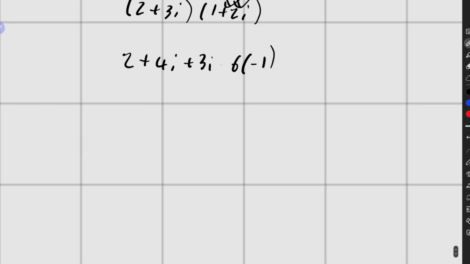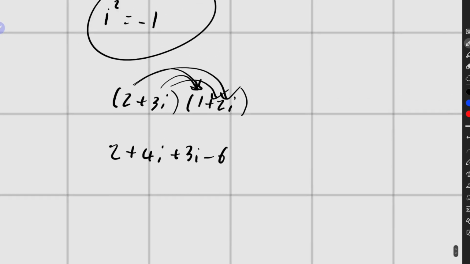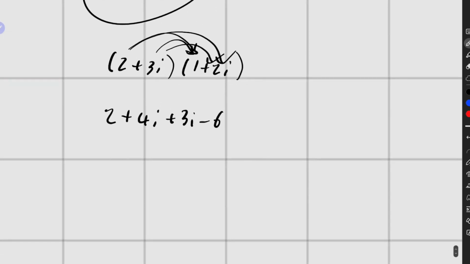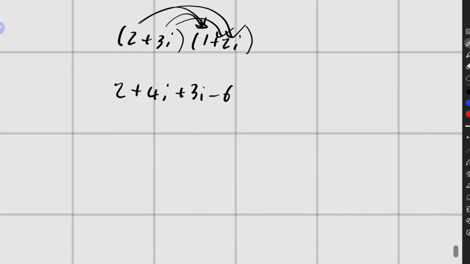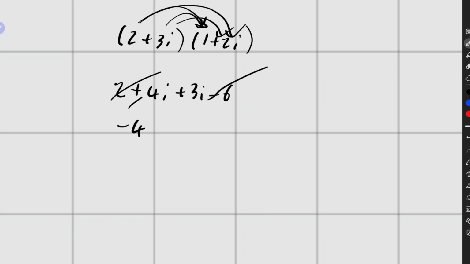It's -6, right? So don't get caught out by that. And make sure you memorize the complex identities so you can do this stuff. Now, it's as simple as combining the like terms, right? So what's 2 minus 6? Minus 4. 4i and 3i add together to get 7i, right? See, it's not that hard.